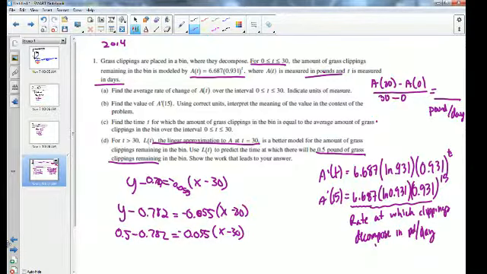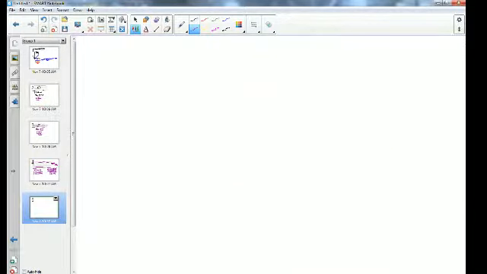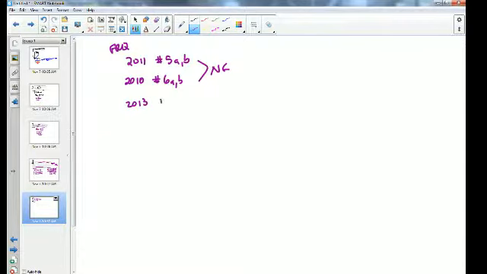I have not posted these, because I ran short on time, but they are AP problems. So your homework is 2011, number 5, A and B. 2010, number 6, A and B. These are no calculator. 2013, 1A, calculator okay.